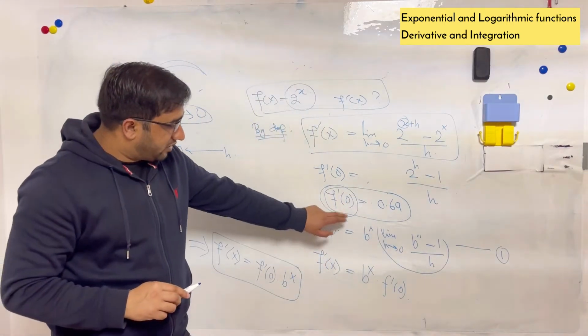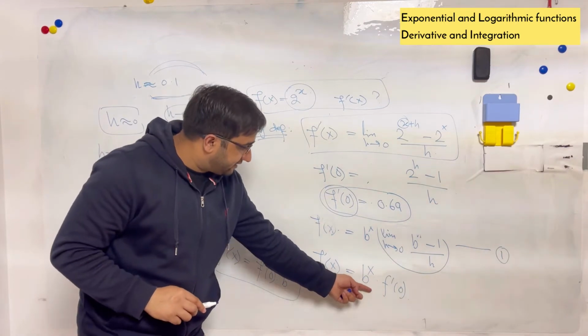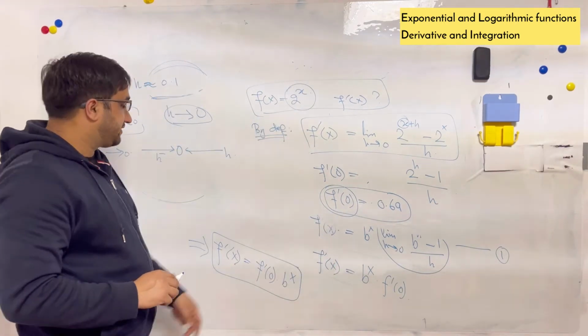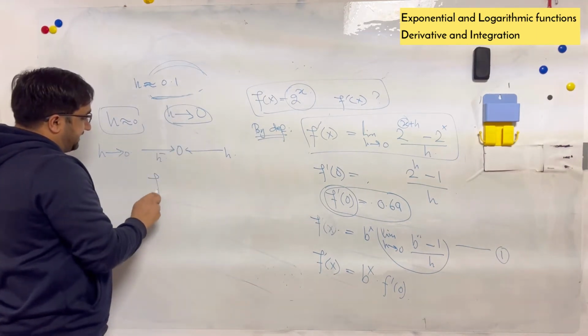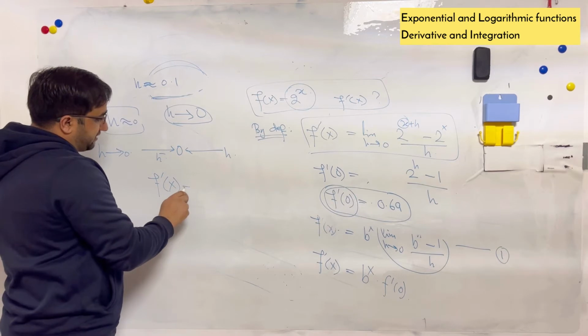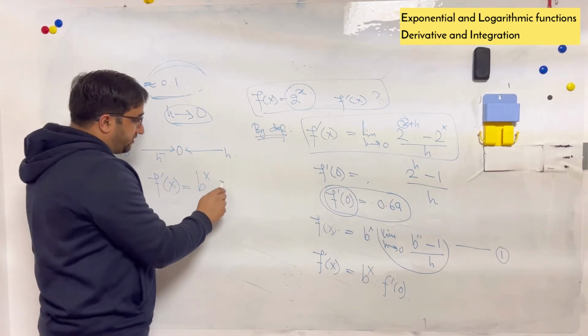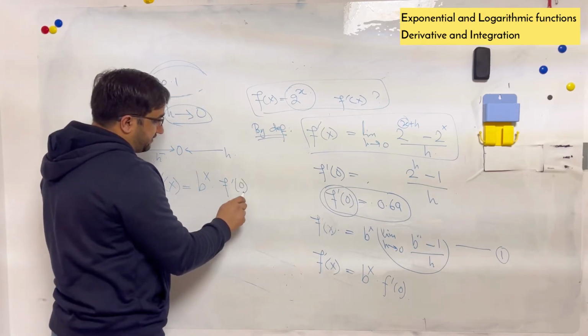So I have got this in the formula and I know this function already. So I can now write the derivative of this function by formula. The formula says that the derivative of an exponential function is the exponential function itself times the value of the derivative of this exponential function at 0.